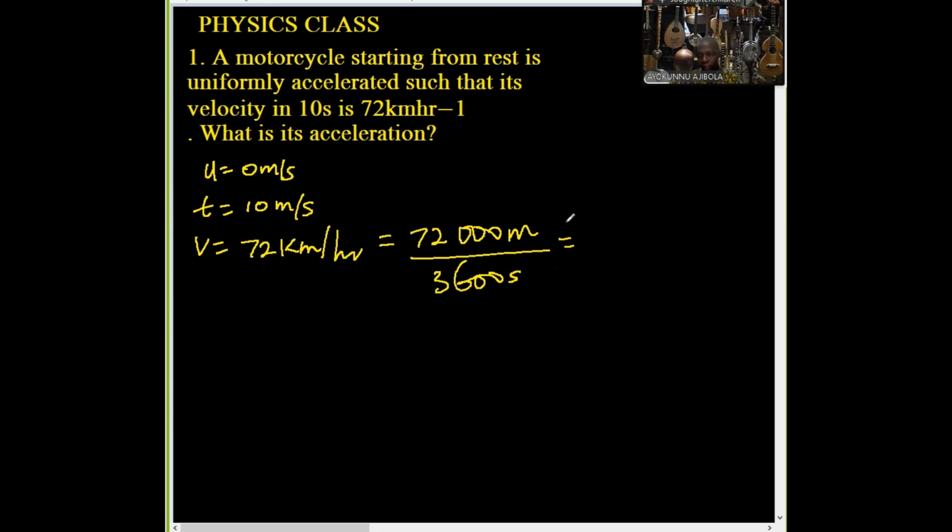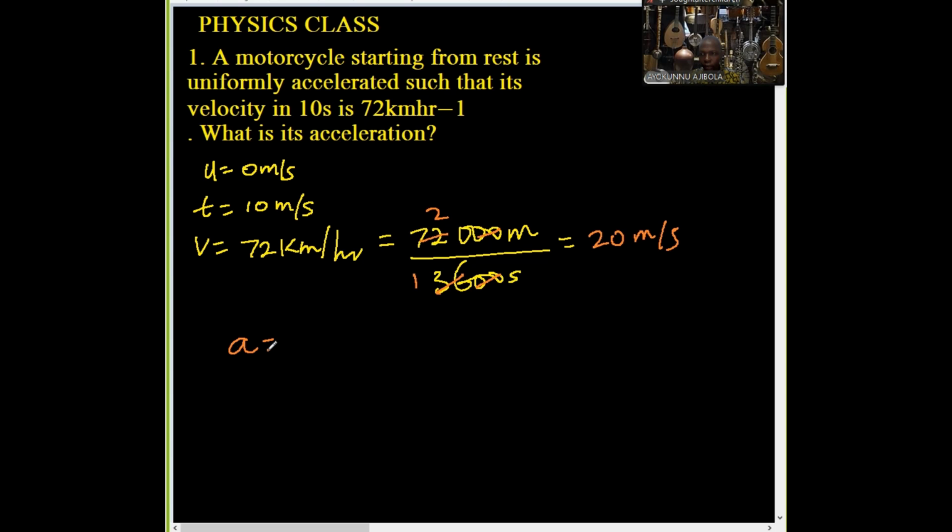So if I divide this, two zeros cancel two zeros. Let me change the color so that you can differentiate that. Two zeros cancel two zeros, 36 here 1, 36 here 2. So I have 20 meters per second as the final velocity.